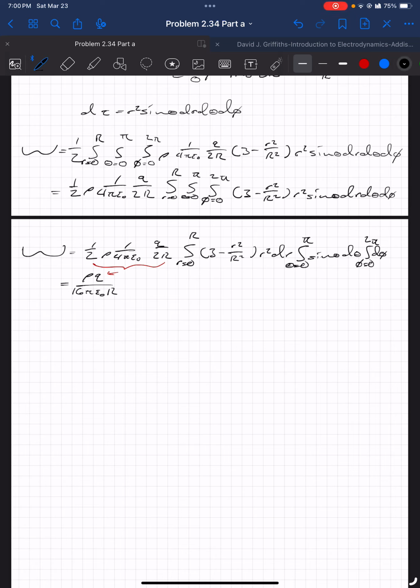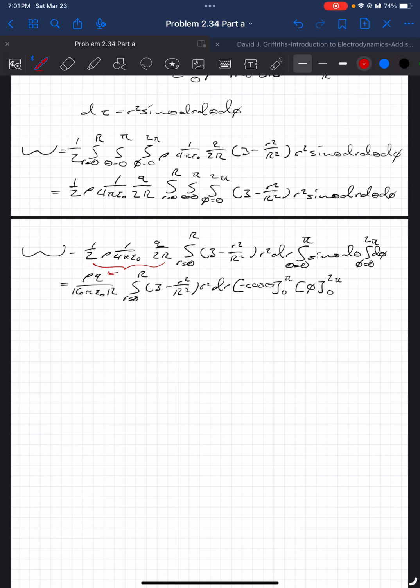And within our first integral, actually we won't solve for that quite yet, so we will leave r from 0 to large R of r, 3 minus small r squared over large R squared dr. But for our singular integral, we will get the integral of sine theta is equal to negative cosine theta, and that is from pi to 0. And then of course we just have phi, which is going from 2 pi to 0.